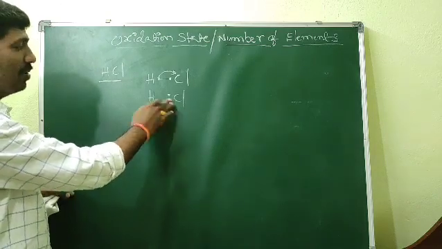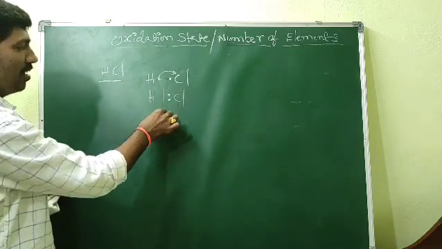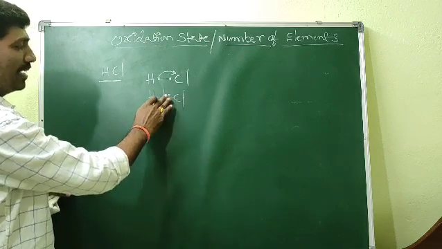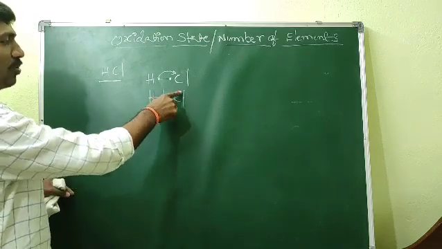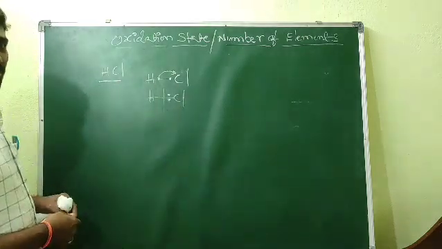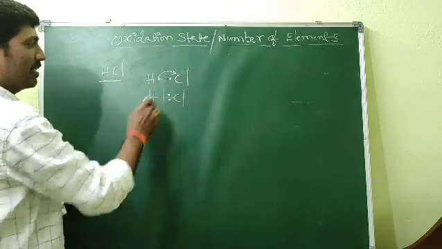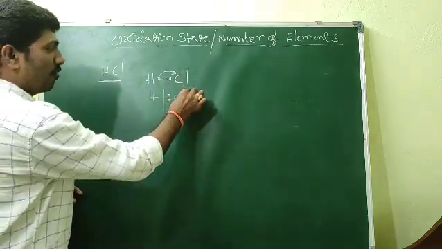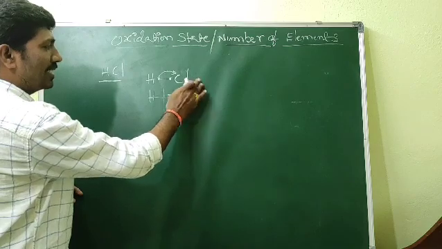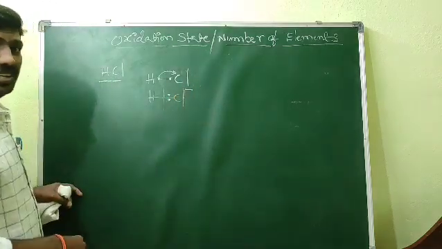So the two electrons are completely attracted towards the chlorine atom, and a charge develops on this side, which is a negative charge.